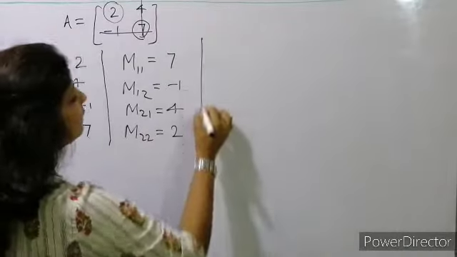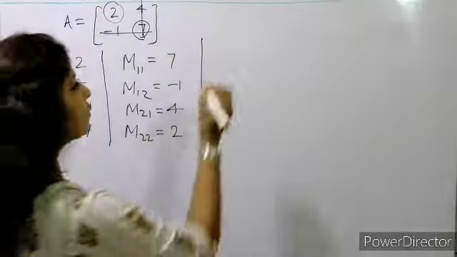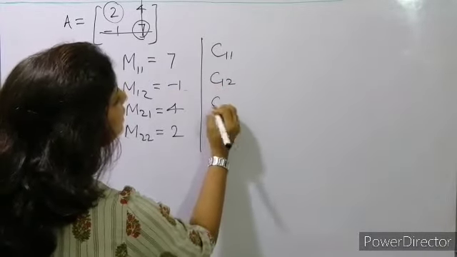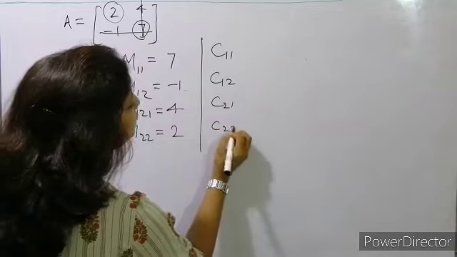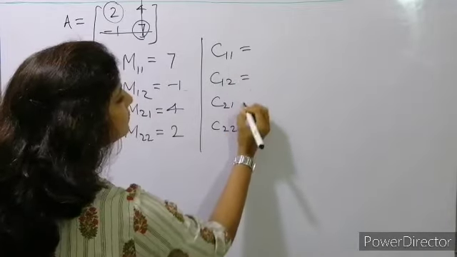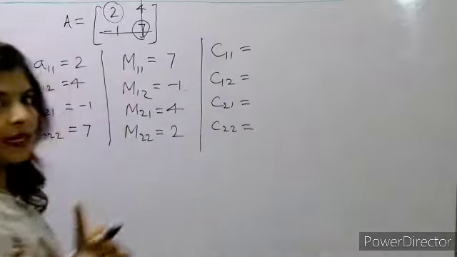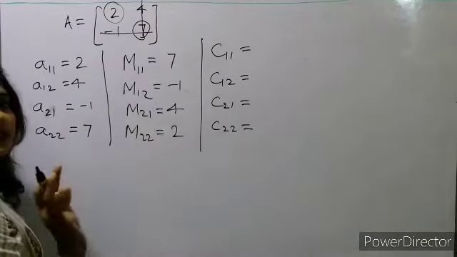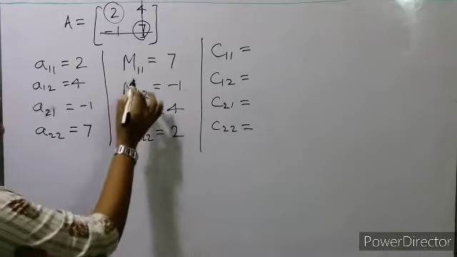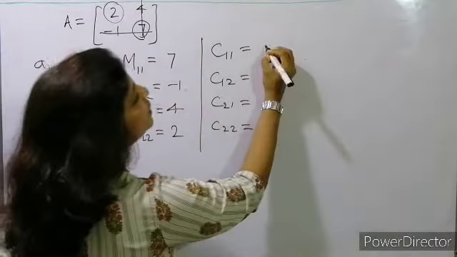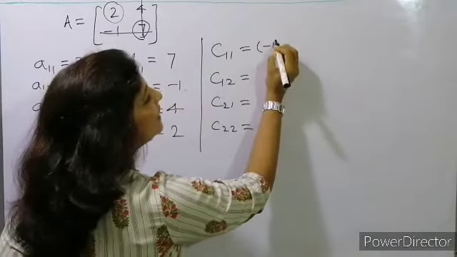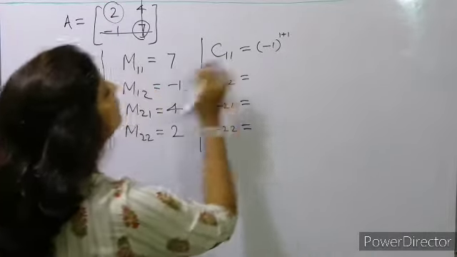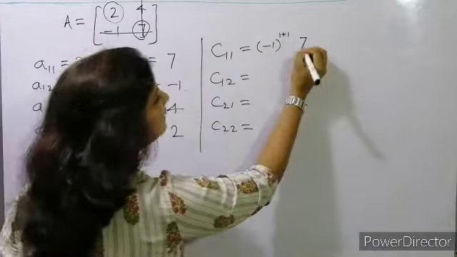Now we have to find the cofactor. We denote the cofactor by C. Now we have to find C11, C12, C21, C22. What will be the value of C11? For M11 we first take minus 1 to the power 1 plus 1 and write the value of this minor, 7.